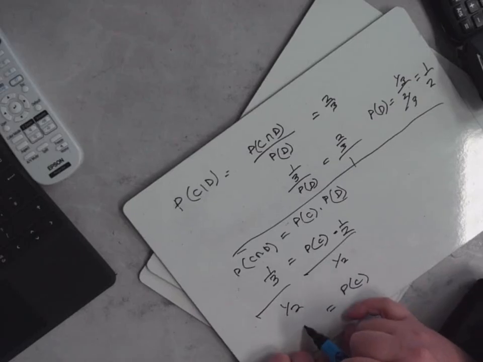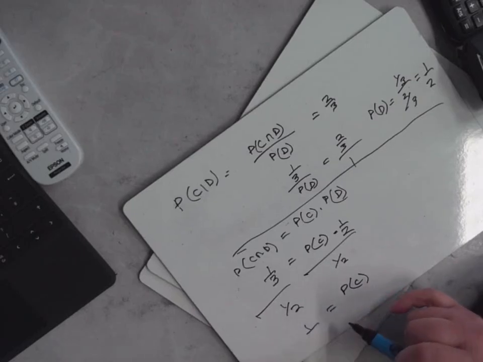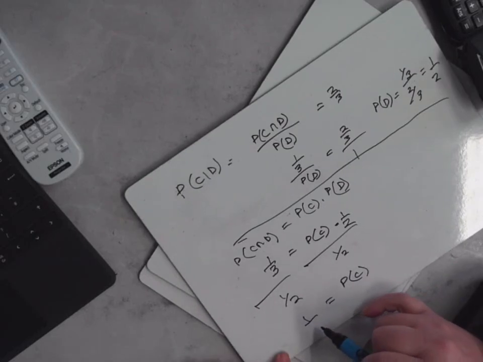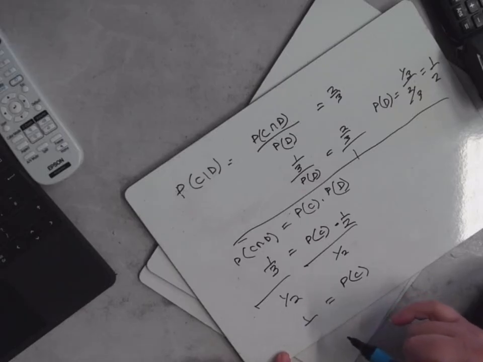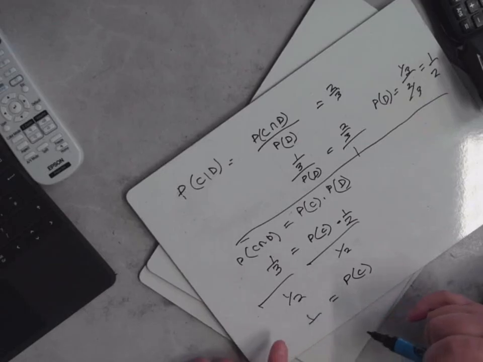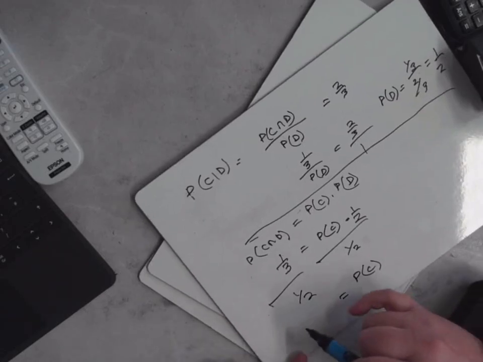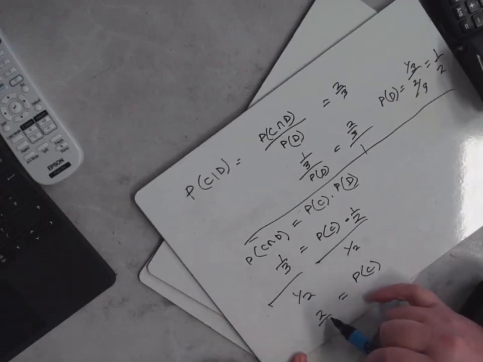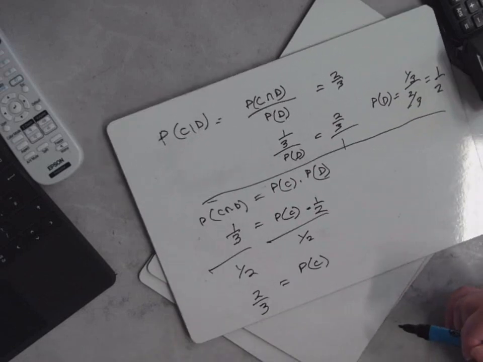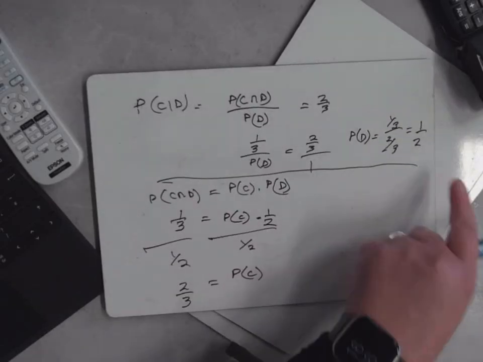Yeah, 1/6? I see they're independent. Is that right or wrong? 1/3 is equal to 1/2 for probability. Oh, they're independent at the moment. Probability of C. Oh, thanks. No worries. 2/3. A half, right, 2/3, yeah, I just can't divide fractions in my head at 4:30 on a Monday evening. Oh, never mind, that's probability of D. Yeah, you worked out D. D worked out to be a half.